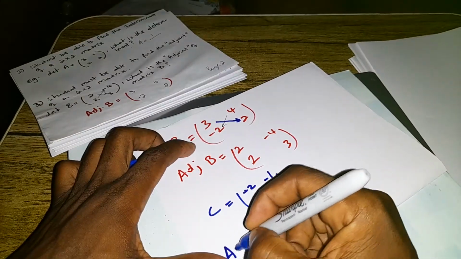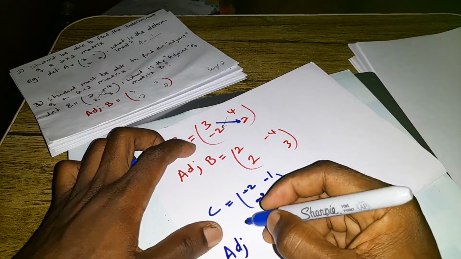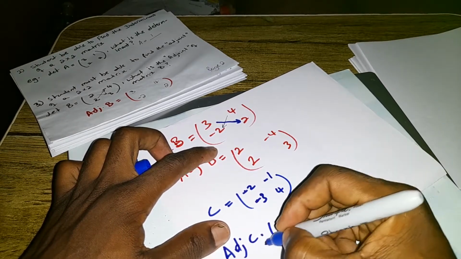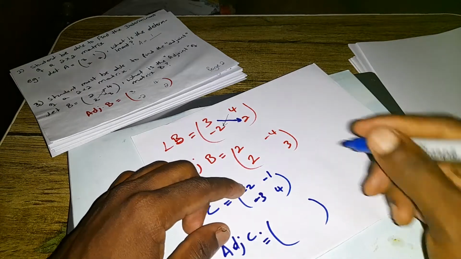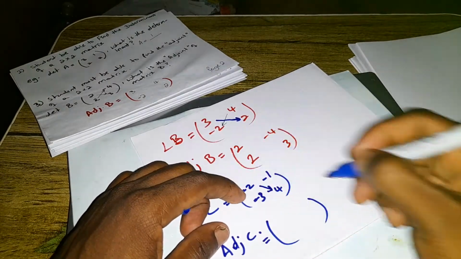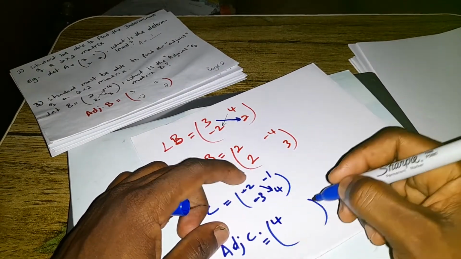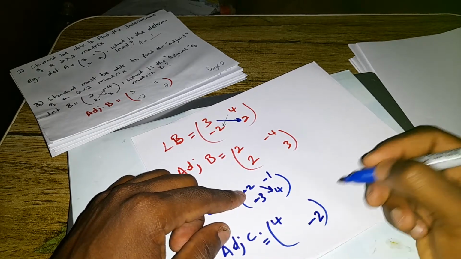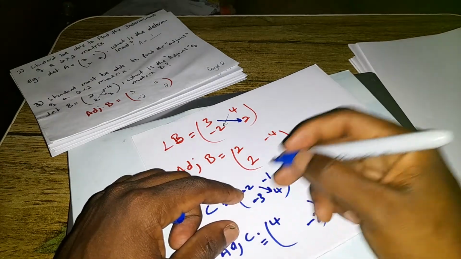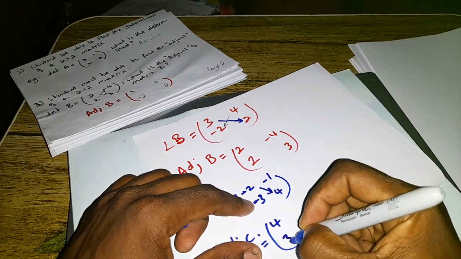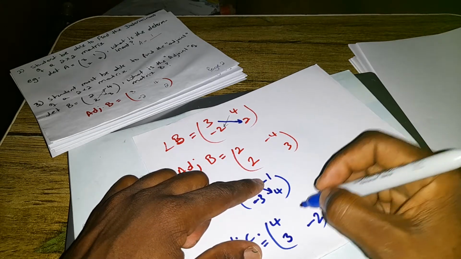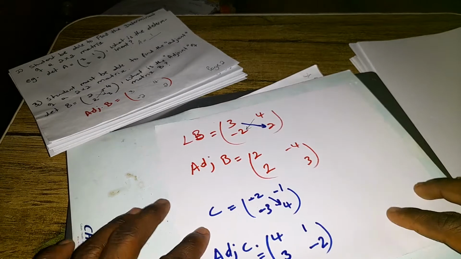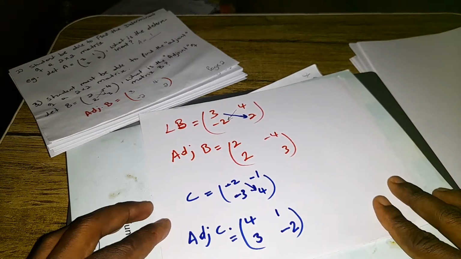Remember, the first thing you want to do is look at the leading diagonal and interchange their positions. That is, negative 3 takes negative 2's space and negative 2 takes negative 3's space. So we're done. And then for the non-leading, we change the sign. This is 4, so it's going to be negative. This is negative 1, so it's going to be positive. And that's it for the adjoint. So that is all you need to know for the adjoint. You can always pause the video and write it off.